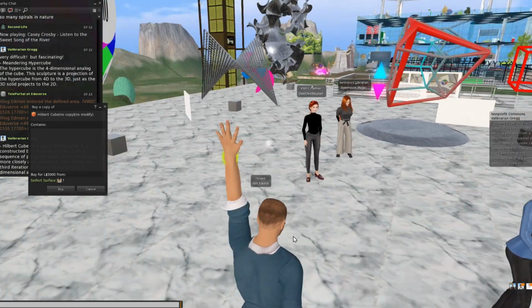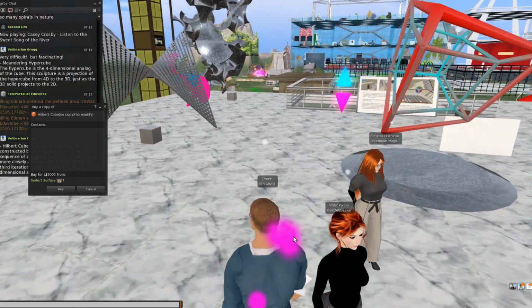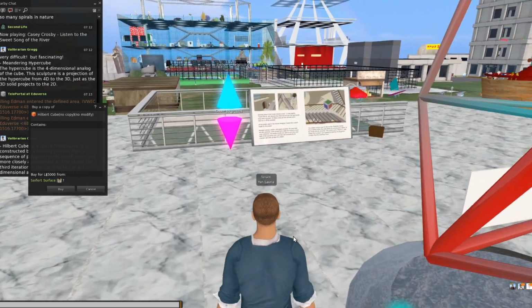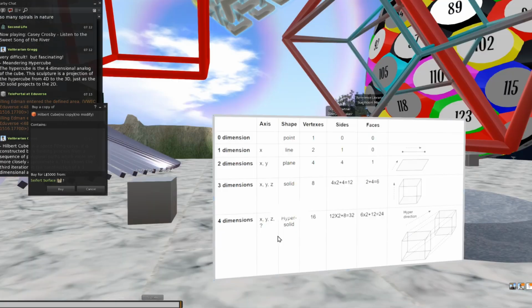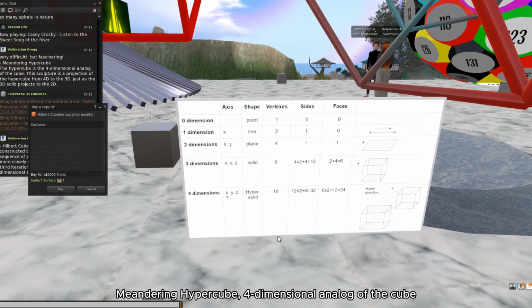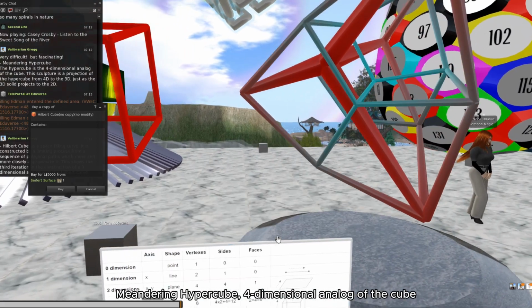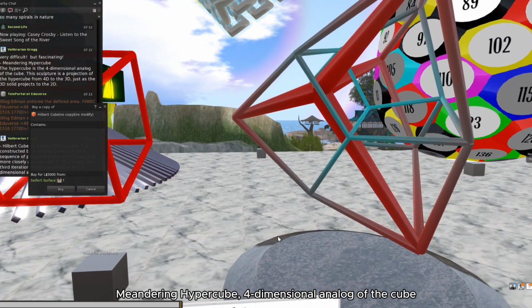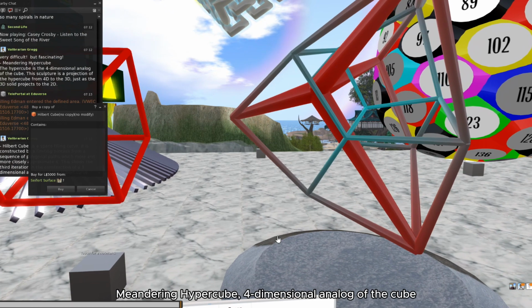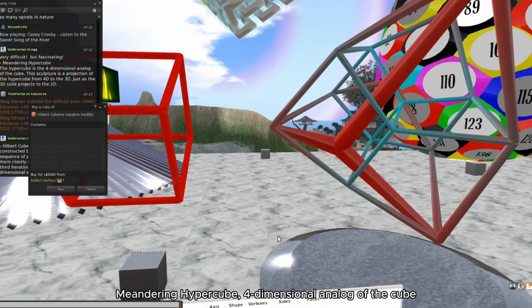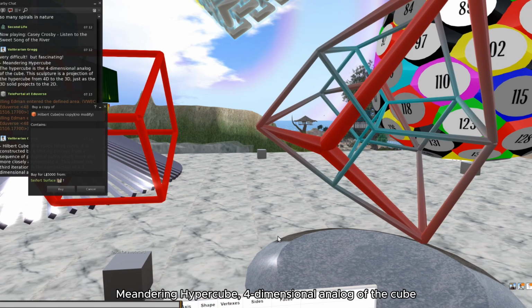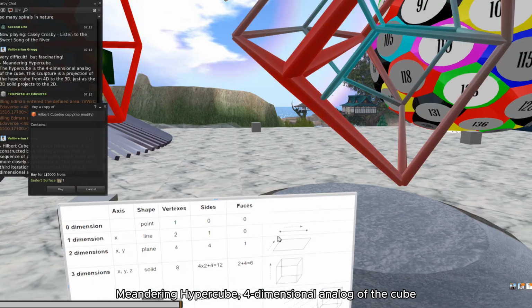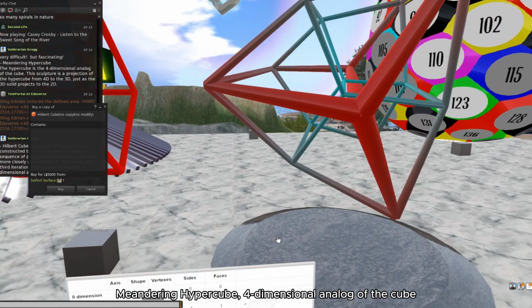And more interesting is the next one. Please look at this panel. This is a four-dimensional cube, or a 3D projection of a four-dimensional cube.